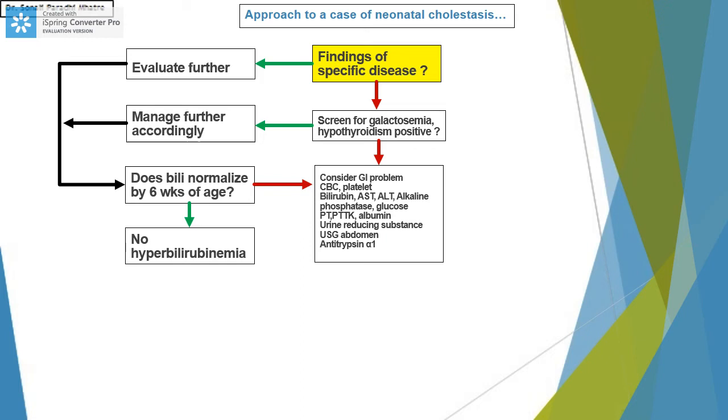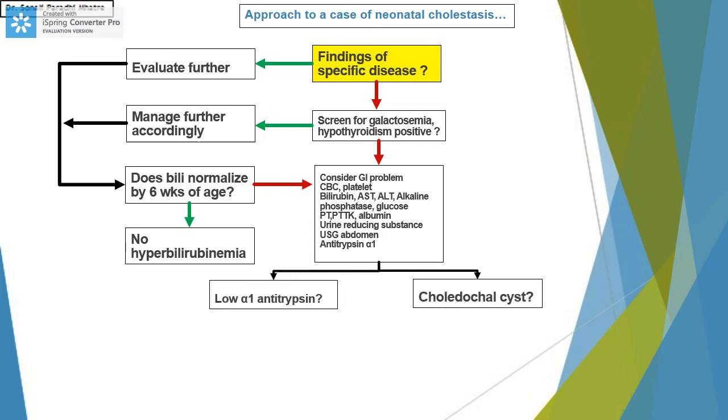Urine reducing substances, again the galactosemia, don't forget it is a very important cause. Alpha-1 antitrypsin deficiency can be a cause, so you will be checking for that, and a USG abdomen. Now, do you have a low alpha-1 antitrypsin? Do you have a choledochal cyst? Then further management accordingly.